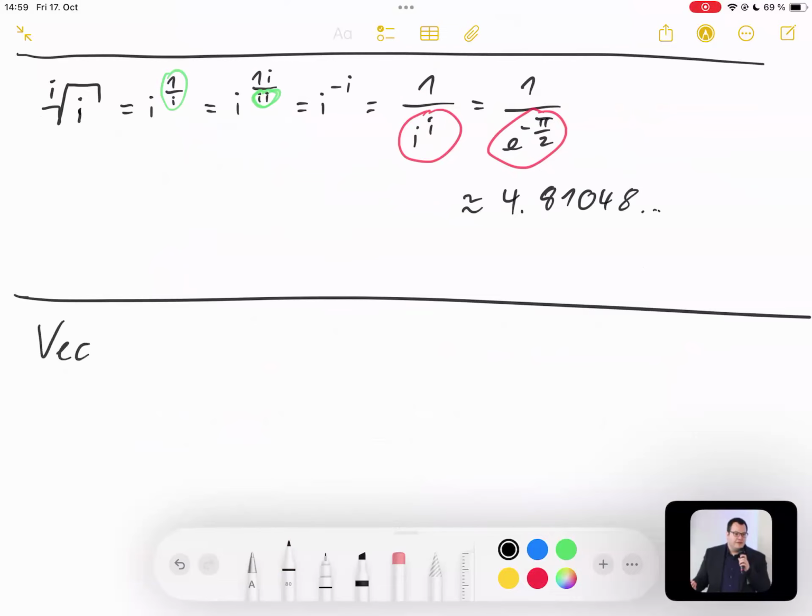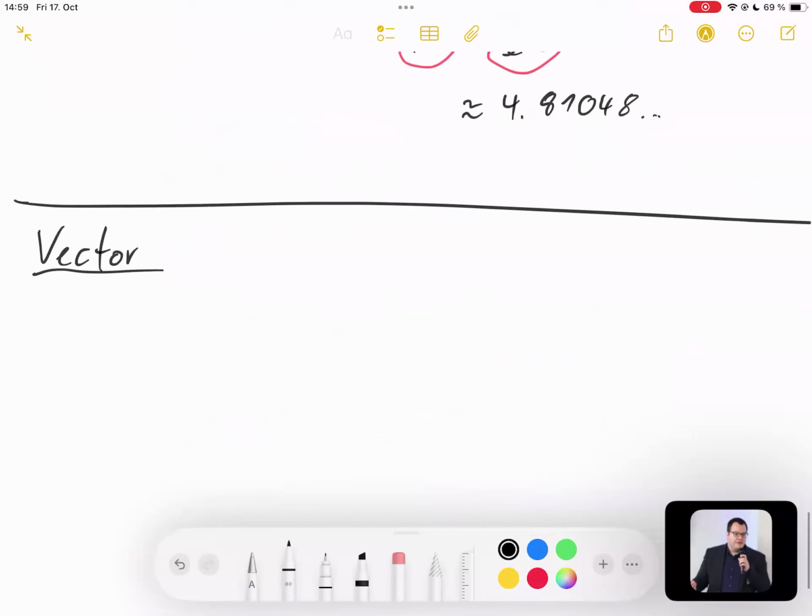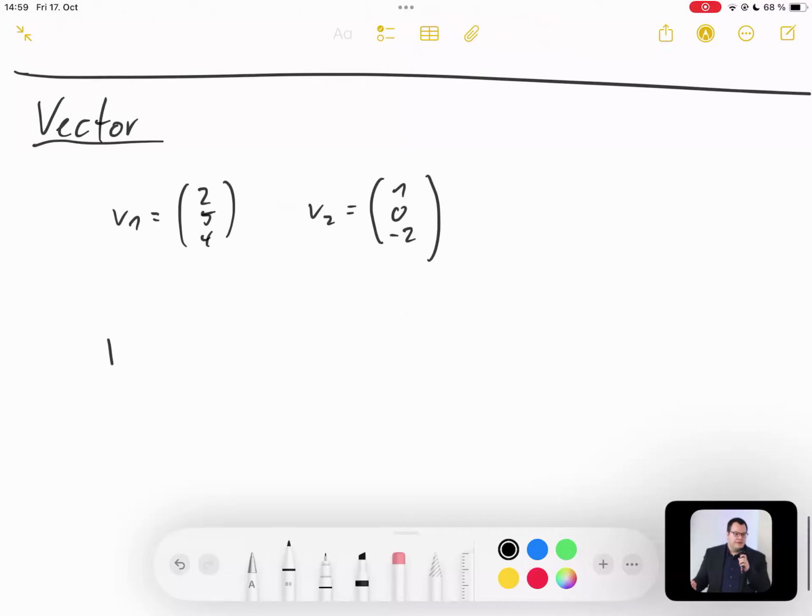So, for example, vectors, we can have a vector v1, which has the elements 2, 5, and 4. And we have v2, which has the entries 1, 0, and -2. And I want to know from you what's v1 plus v2.